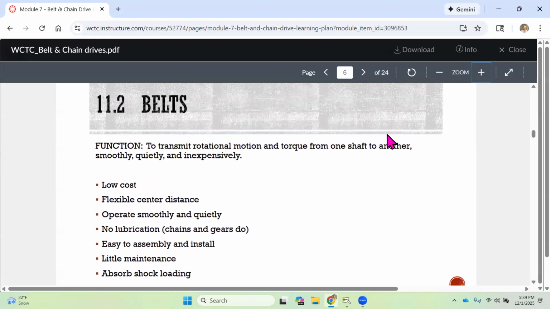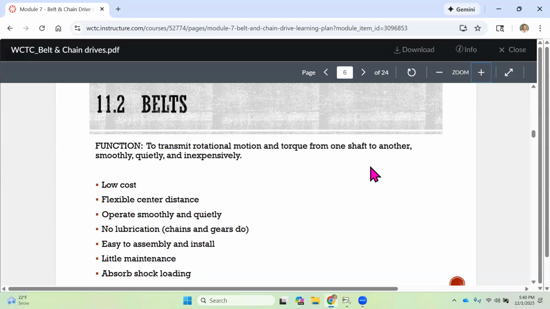Okay. So belts in general, as we start to look at these in section 11.2, which is also on that first page of chapter 11, page 302, are used to transmit rotational motion and torque from one shaft to another in a smooth, quiet, and inexpensive way.